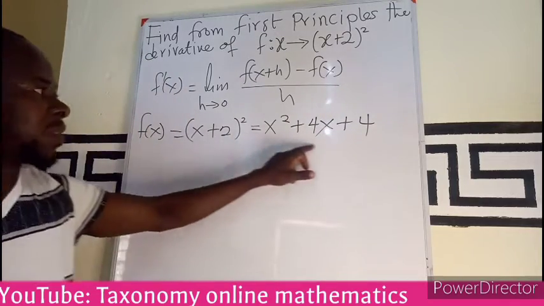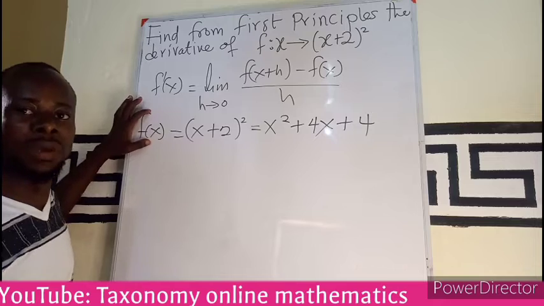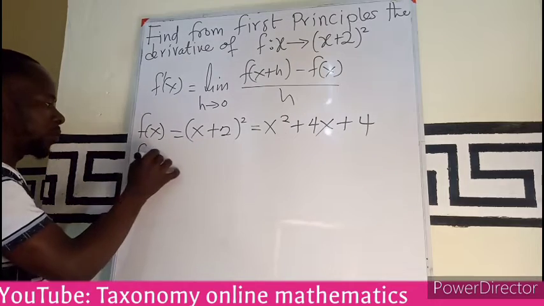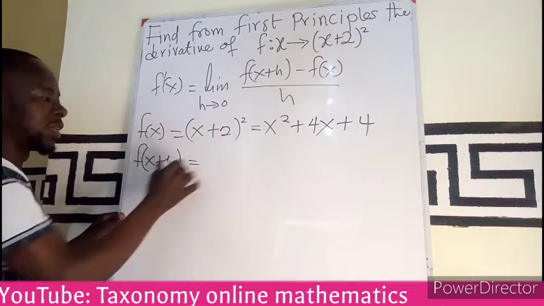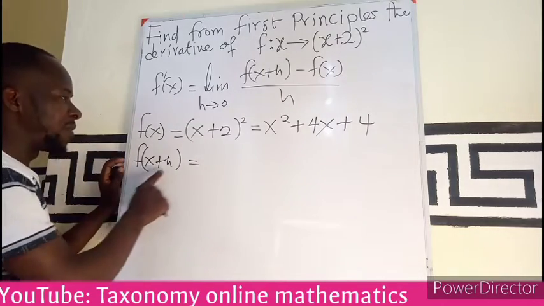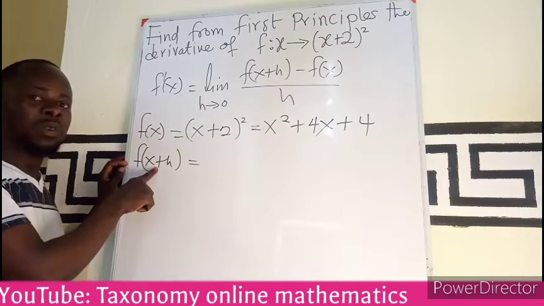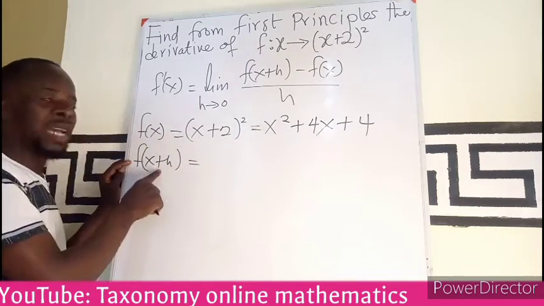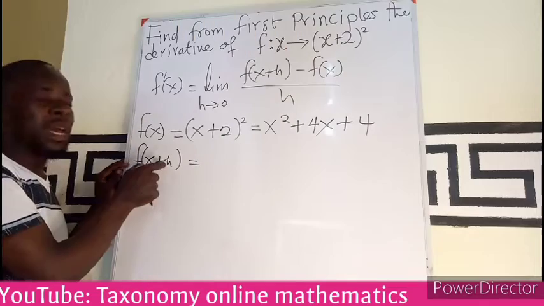Now, if you have the expression for the function f of x, then the x plus h function is going to be, wherever I see x, I replace that with x plus h.